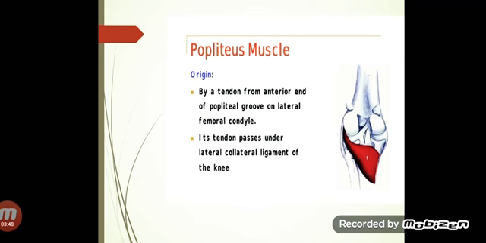Let's see the popliteus muscle. Origin: by a tendon from the anterior end of the popliteal groove on the lateral femoral condyle. You can see in this picture. Its tendon passes under the lateral collateral ligament of the knee.